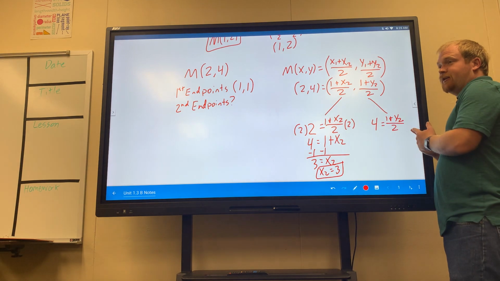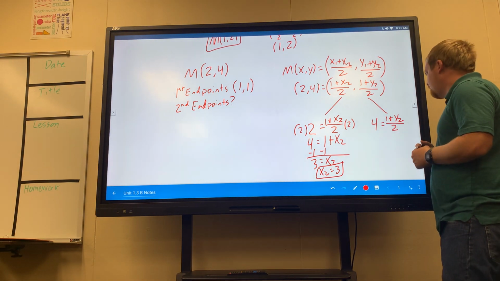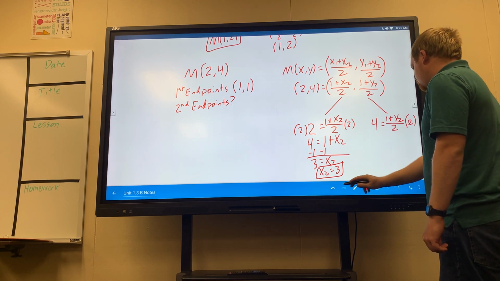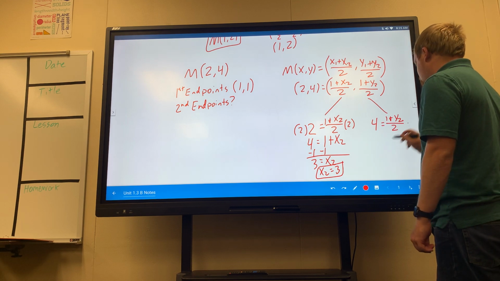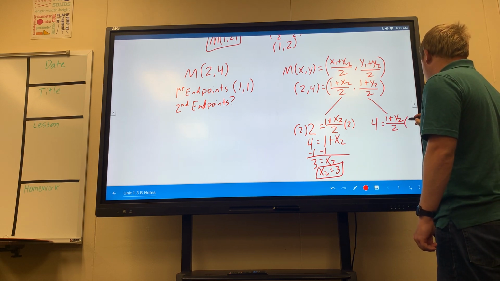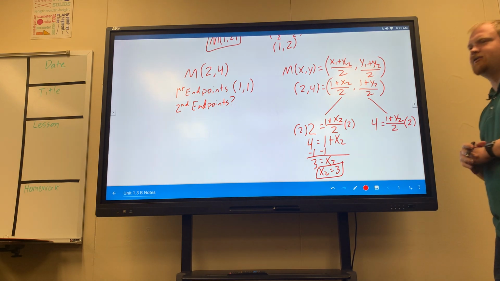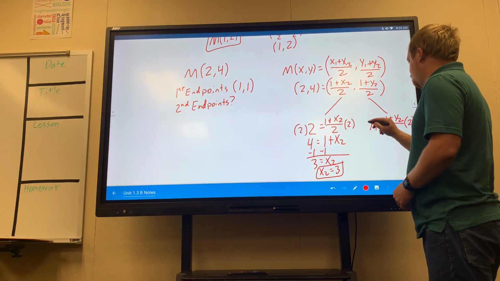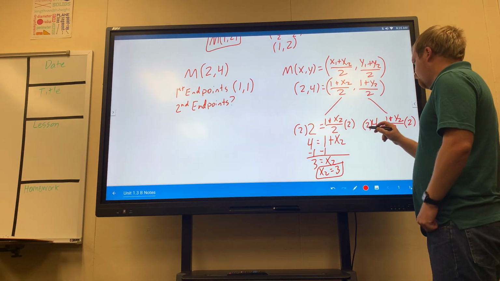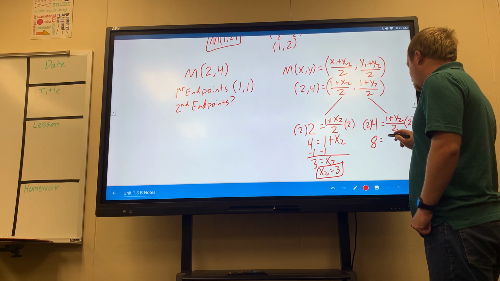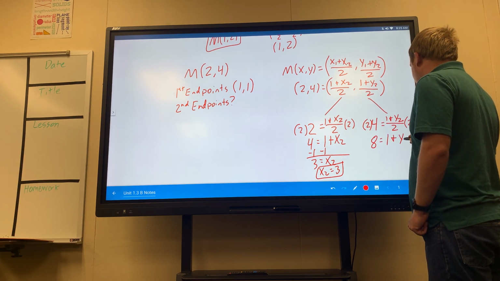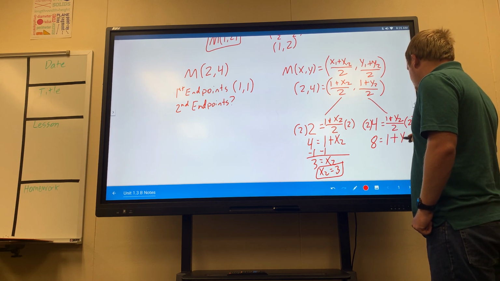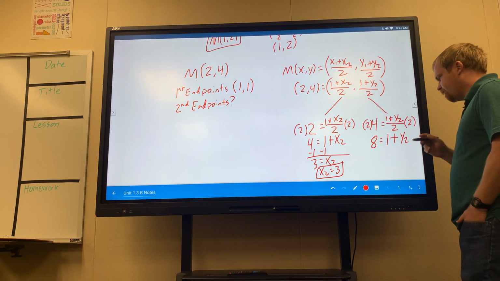Now, in order to solve for y, I just do the same thing. It's dividing, so I gotta multiply first. I'm just getting rid of that dot so that most of y'all don't confuse it with a negative sign. So like I said, multiply 2 to both sides. 2 times 4 is 8 equals 1 plus y2.